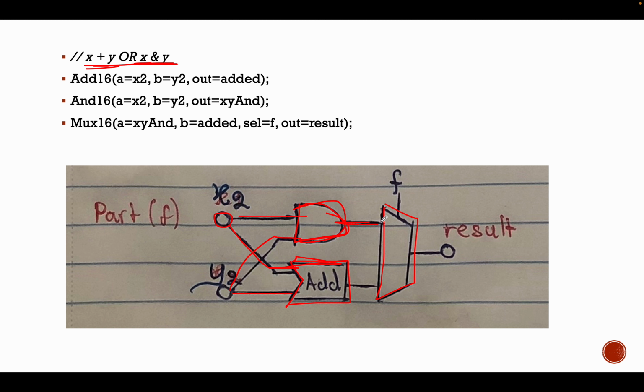Now both of them go into the multiplexer, and then the result will be either one of them. So it can be the AND or it can be the add, and the bit that determines which one it outputs is the F. So this is the selection bit that determines which one will come out.